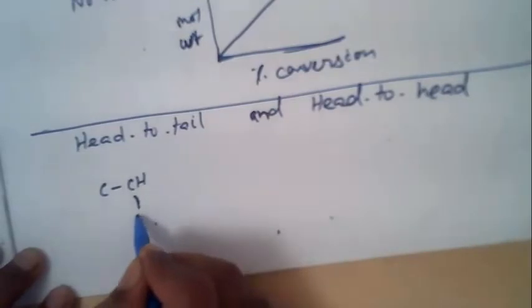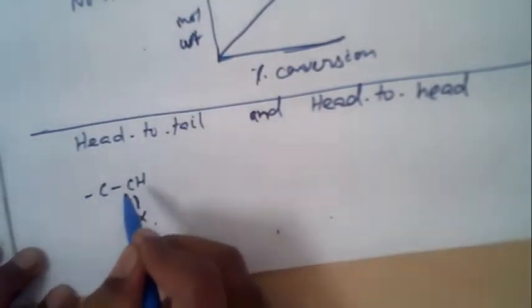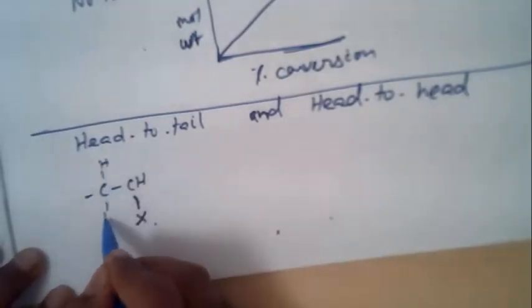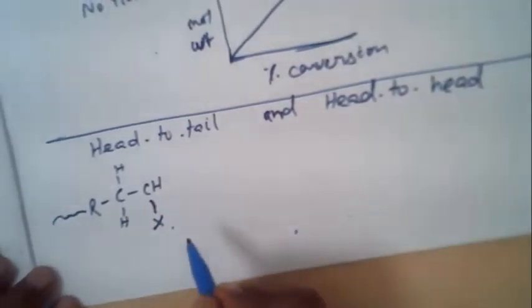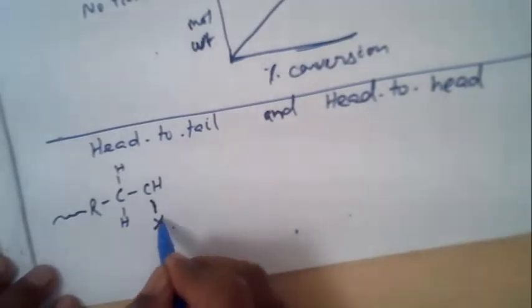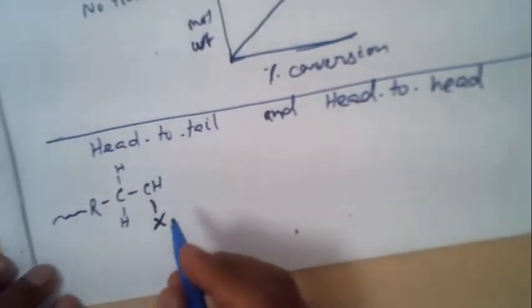CH2 and you have X. Actually, this is a chain here. So X could be maybe styrene group or chloride or any polymer.